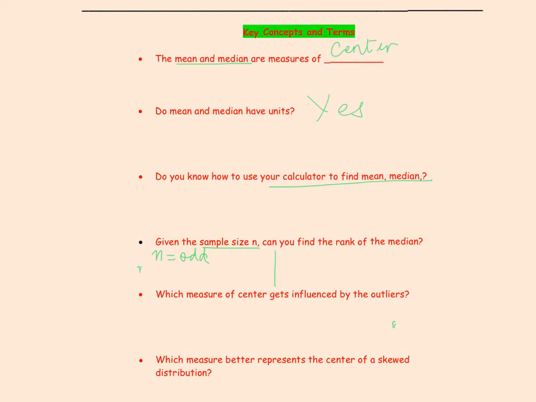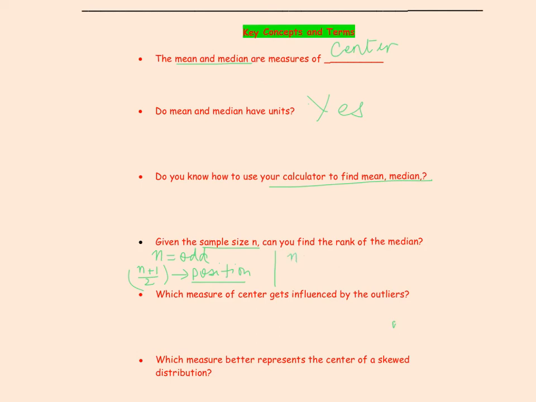We can use the formula n plus 1 divided by 2, which means add 1 to your sample size, divide by 2, and that gives you the position or rank of the middle number. It doesn't give you the median, but it gives you the position. If you can find that middle number using the position that we calculated, then you know what the median is.